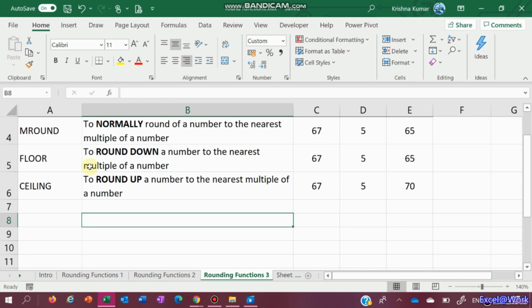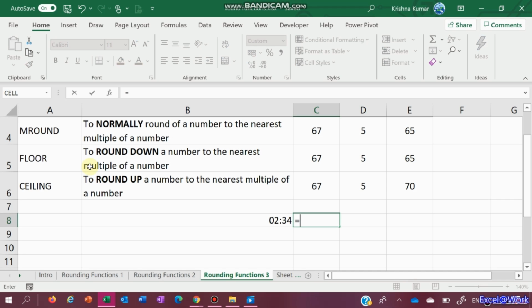One more practical use of the FLOOR function is when you want to slot people in terms of the arrival or departure in quarters of an hour. Let us say the time is 2 hours 34. You need to know which quarter it falls in. So the quarter rounded down is FLOOR of this number, and the significance is the nearest quarter you want, that is 15 minutes.